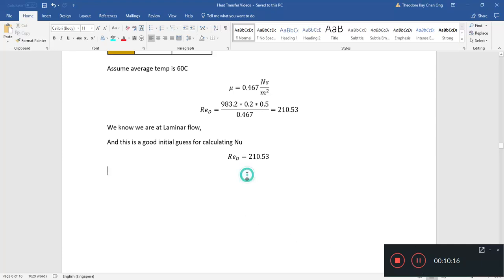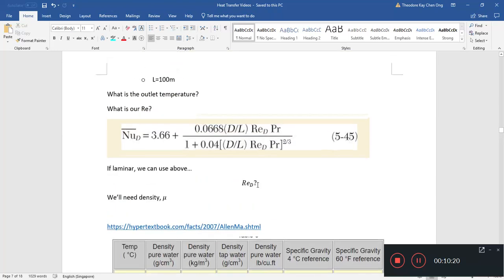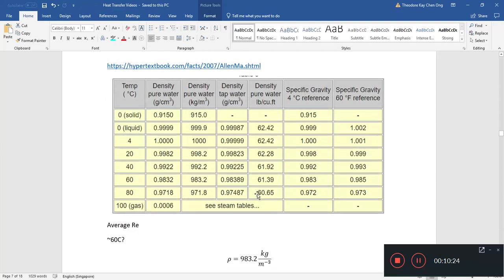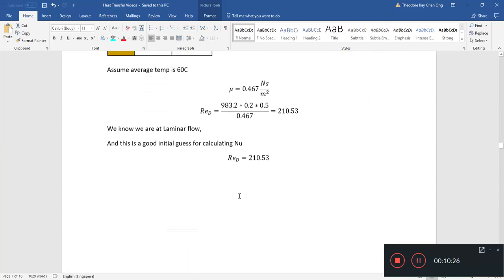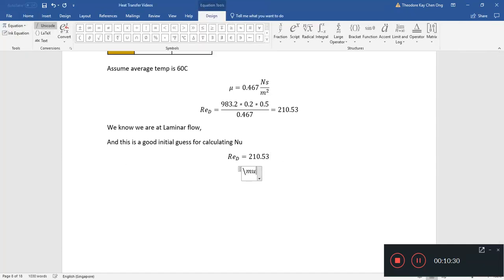Yeah, so what's the Prandtl number? Well, we will assume... we will need to find mu Cp over K. Okay, Pr equals mu Cp divided by K, which equals nu divided by alpha.